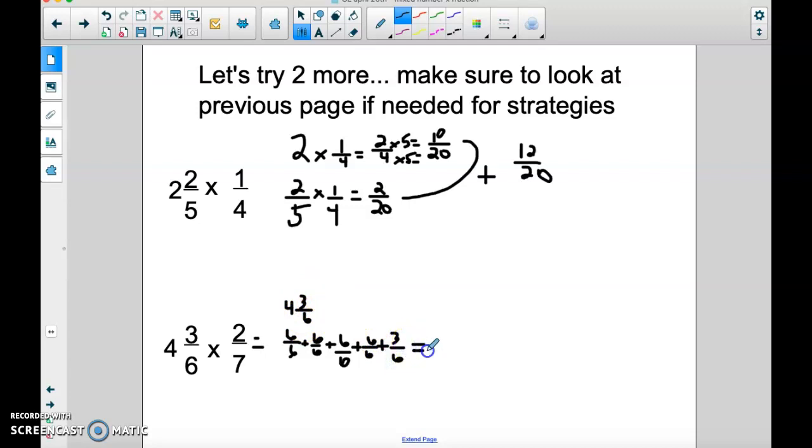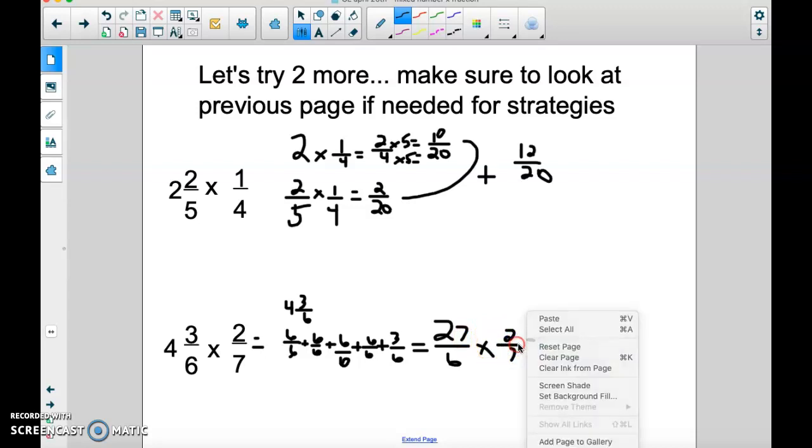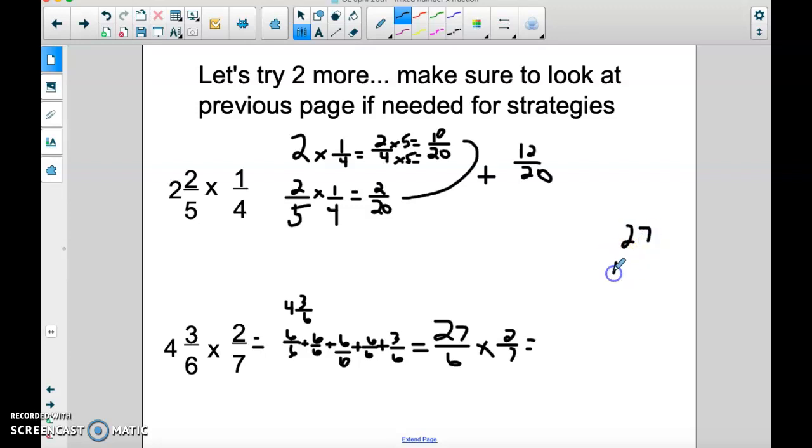which will be equal to 27/6 times 2/7. Man, Mr. Rupar, why'd you give such a big problem? Equals 27 times 2. If you need to, write it on the side, guys. Do not think about this stuff in your head, okay? 27 times 2, because we don't want to be making these little mistakes.